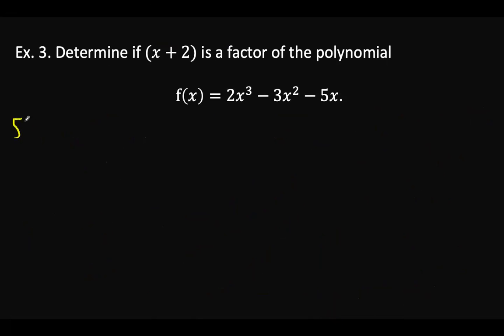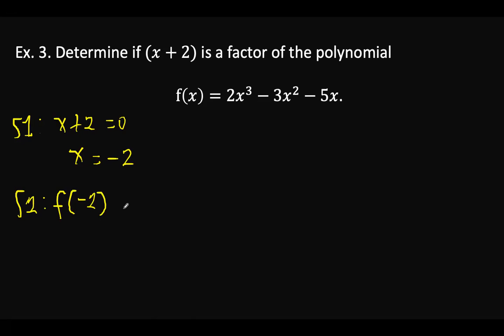Our step number 1 is x plus 2 and equate natin sa 0 para makuha natin si x. X is equal to negative 2. Okay? And step number 2 natin ay substitute natin itong x na to, which is negative 2, to the x of f of x. F of negative 2.